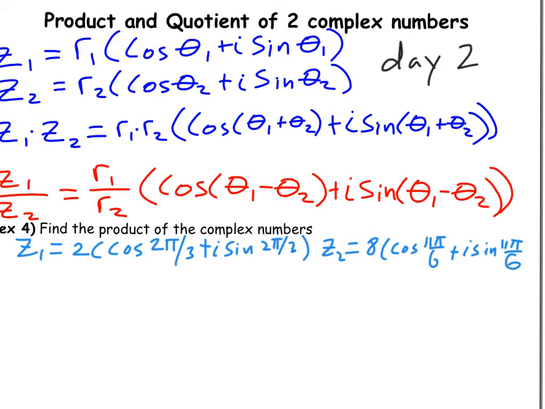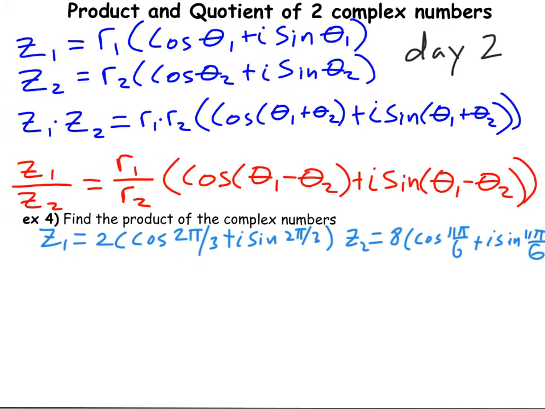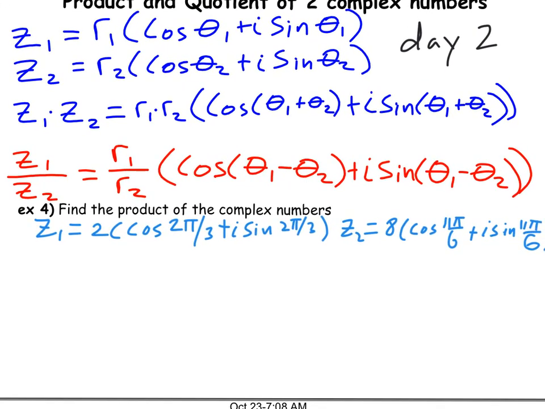Okay. So you're going to see it's a little more tedious when you're in radians. But I'll show you one of each, one in degrees and then one in radians. Remember, what we are finding here is Z1 times Z2. All right. So r is 2 for the first and 8 for the second, so I multiply those and I get 16.